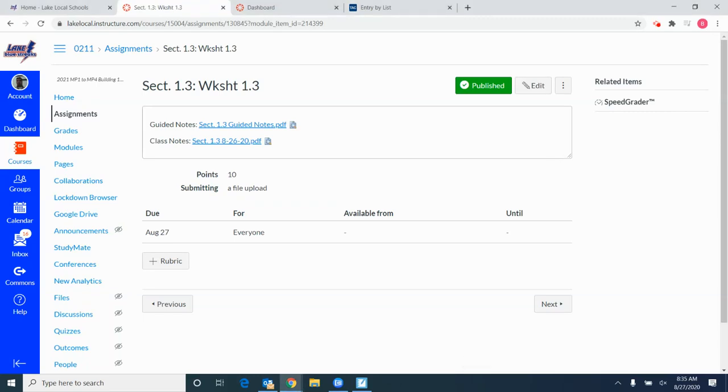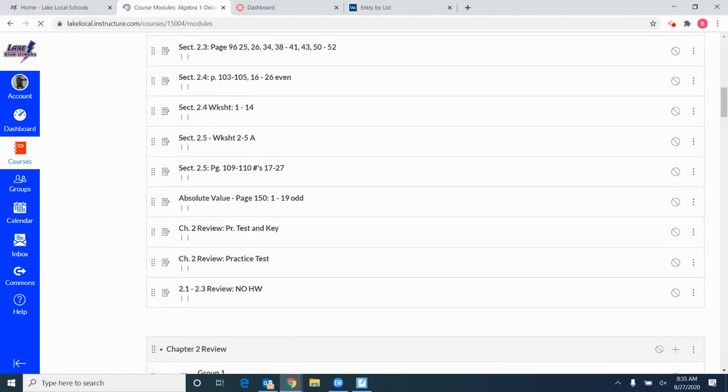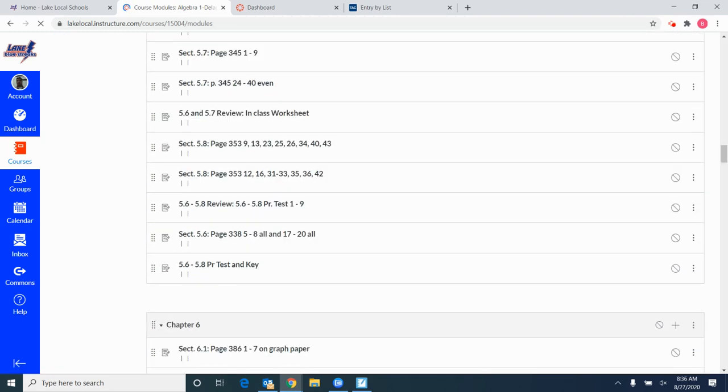Okay, so I got that. I am going to modules, and I'm gonna try and open this up. And, okay, we got a little bit of a guide. Where's it at?